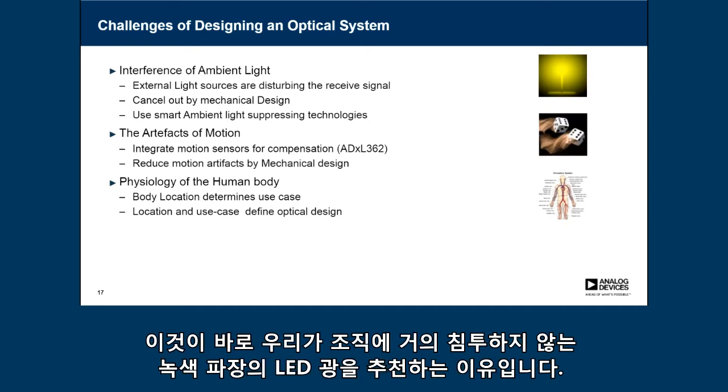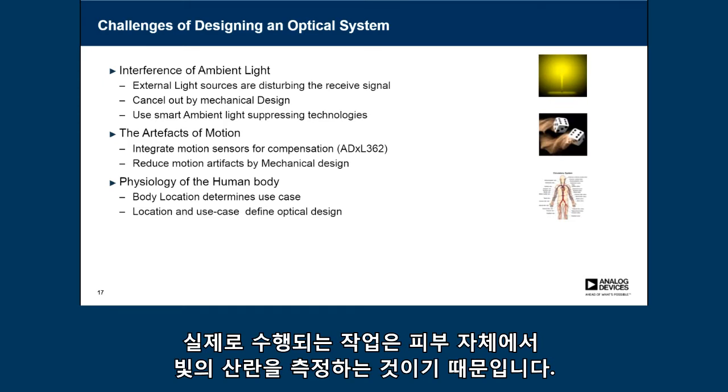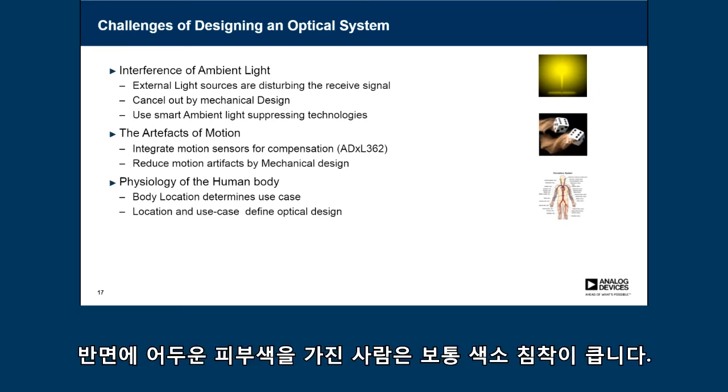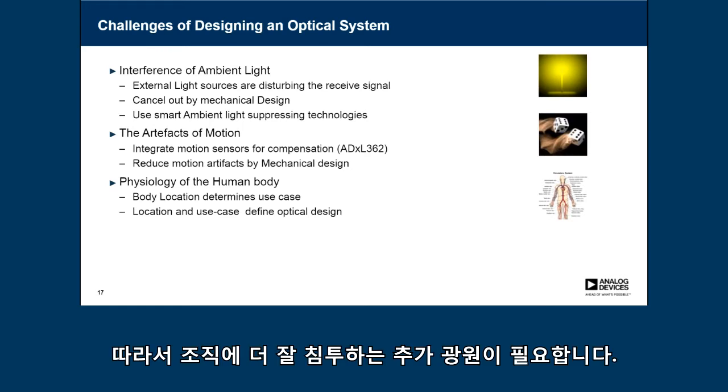So that is the reason, for instance, why we are recommending a green wavelength of LED light, which penetrates very little into the tissue. So actually, what you do is measuring the scattering of the light from the skin itself. On the other hand, if you have people with colored skin, like darker skin, they usually have much more pigmentation, and with that you need a different light source that penetrates better into the tissue.